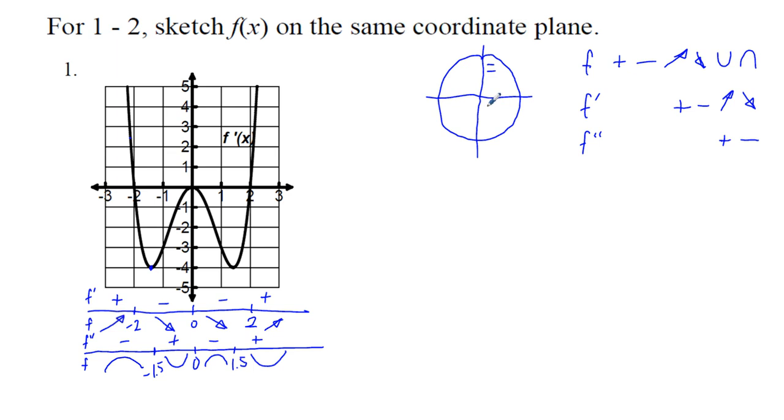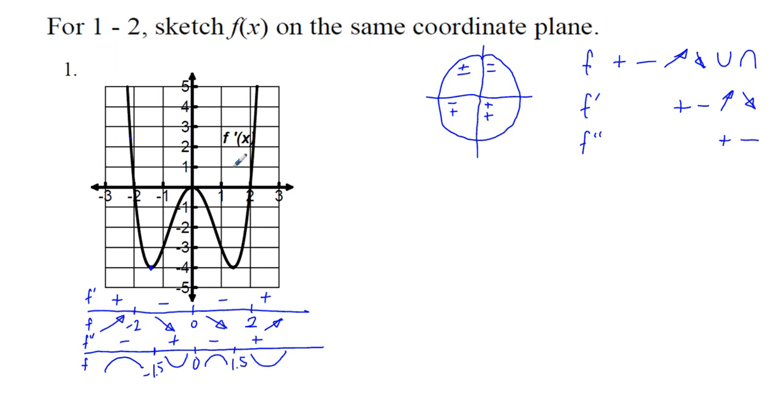In the lower right, we're going to be increasing and concave up. The lower left, we're going to be decreasing and concave up. And the upper left, we are increasing and concave down. Okay? So these are the pieces of graph that the thing is going to look like. Okay, it says sketch on the same coordinate plane.